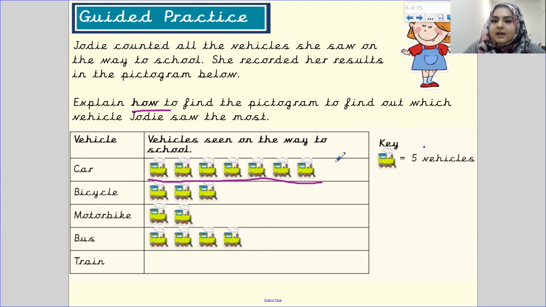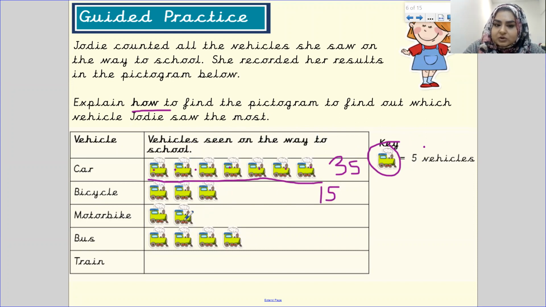Okay, so now it says here 1 vehicle means 5. So if I look over here, 1, 2, 3, 4, 5, 6, 7. So I know 7 times 5 is 35. Bicycles is showing 3. 1 means 5, so 3 times 5 is 15.